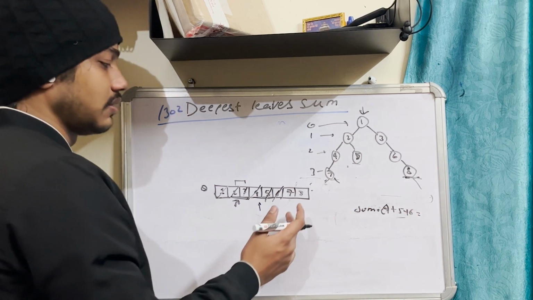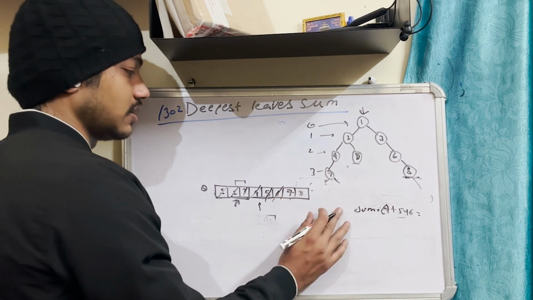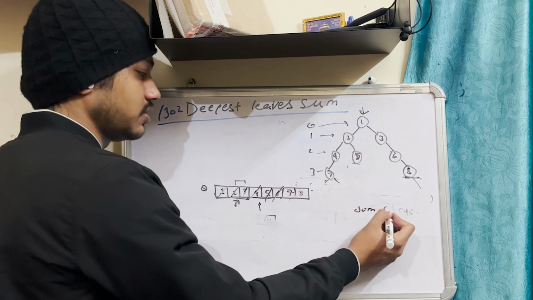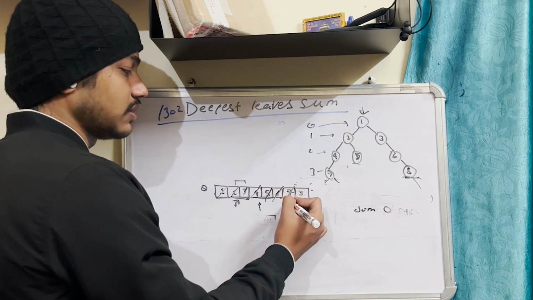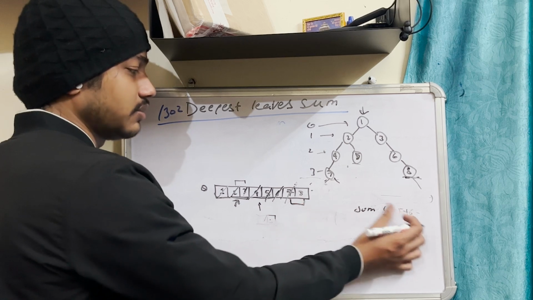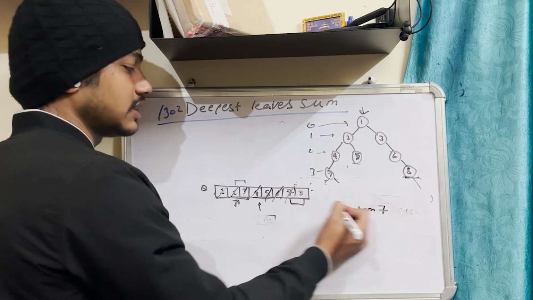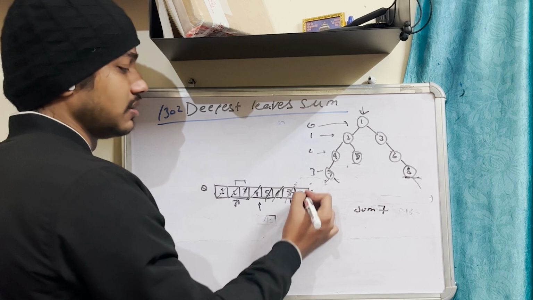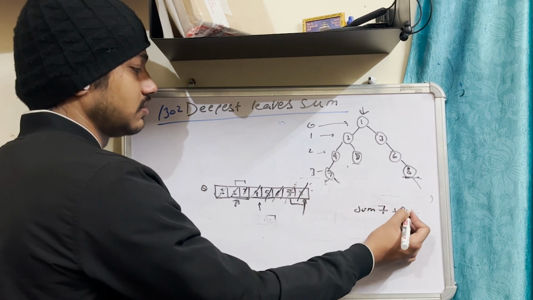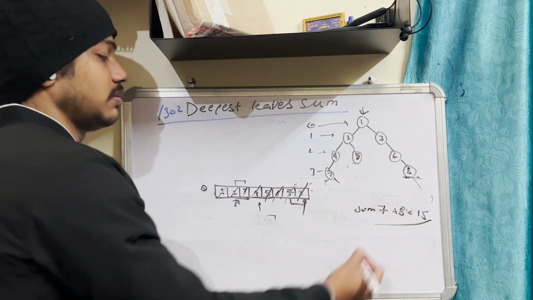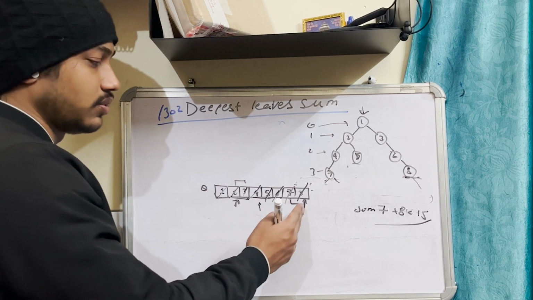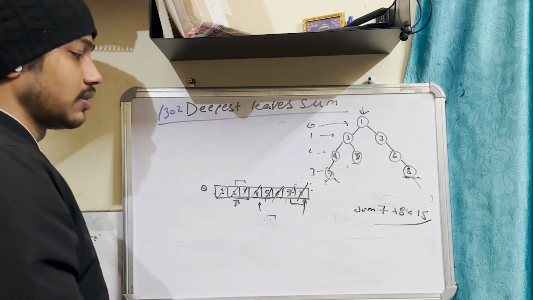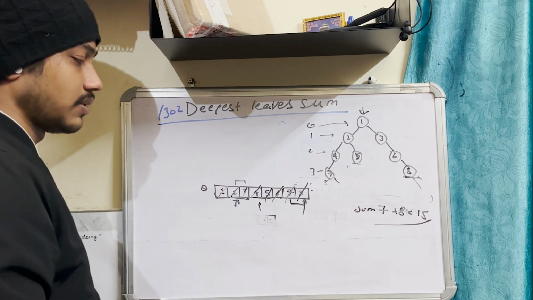Then again your sum will initialize to 0. Then you will pop this value, there is no child, and add 7, and then you'll add 8 also, which will be 15. When your queue becomes empty, you'll return the answer.